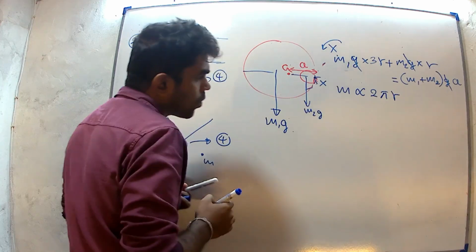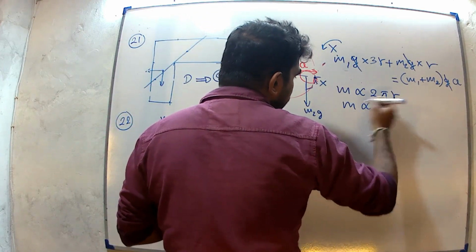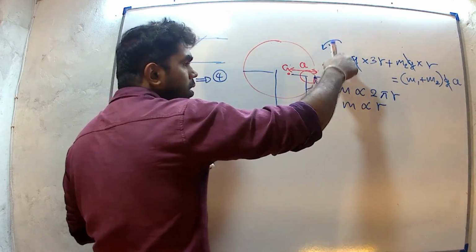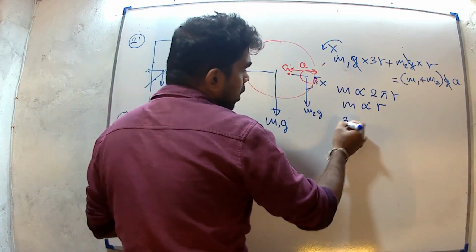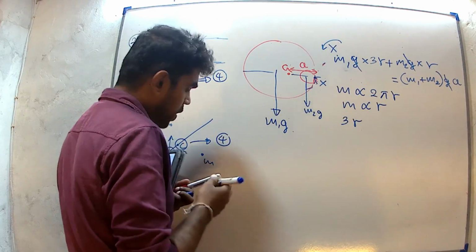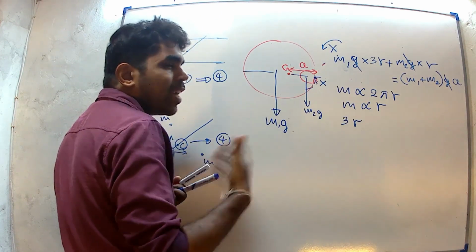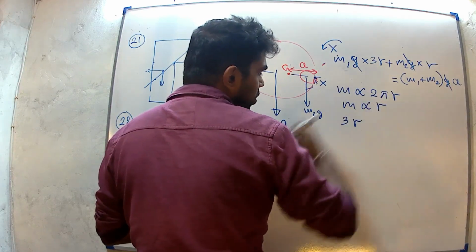Then we can get mass directly proportional to radius. Therefore, we can use the M1 mass as 3r. It is directly proportional to radius. We can use the directly proportional quantity directly, or we can write mass equals kr.